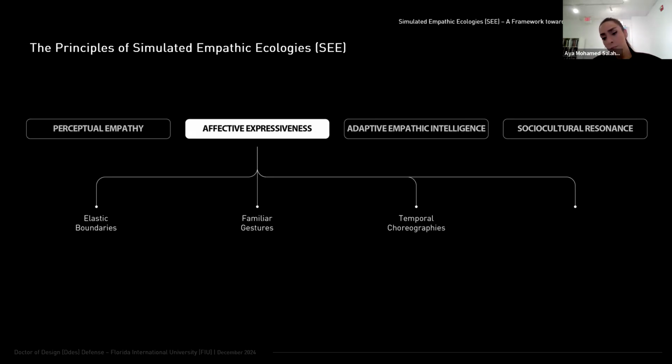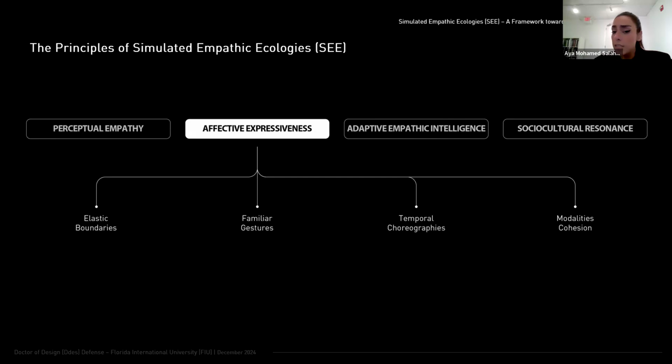But here, in terms of expressiveness, it's sometimes the system's inaction, the deliberate pauses, that can hold certain meaning or context-sensitive timing that speaks as loud or as expressive as, let's say, a massive gesture of kinetic dynamic elements. So again, having this attunement temporally to the occupants of the space.